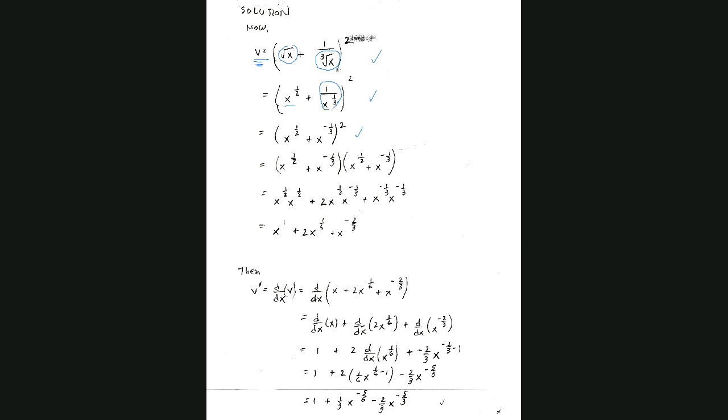I'll just expand that out and do FOIL on it. So I'm rewriting the function so that I can apply my derivative rules.